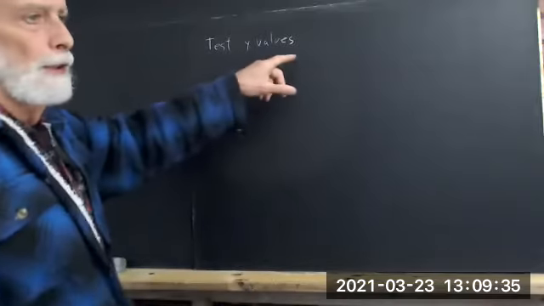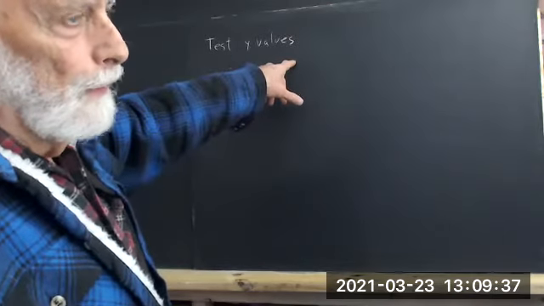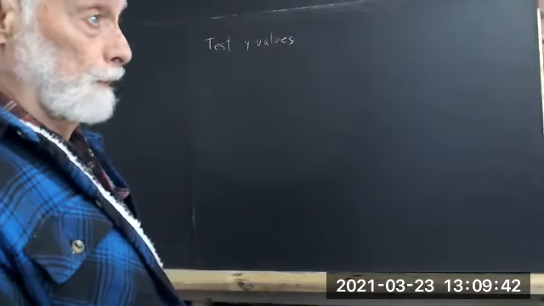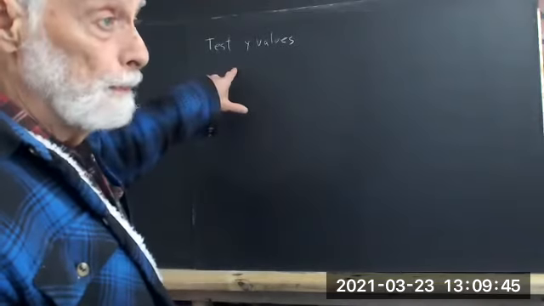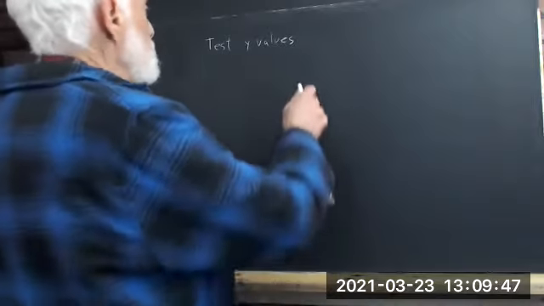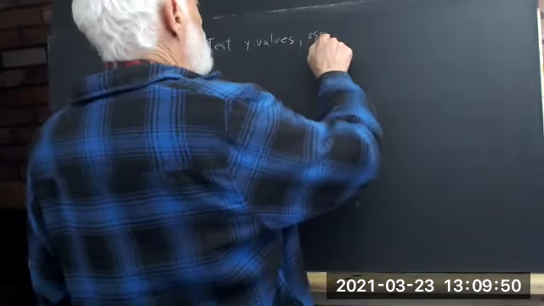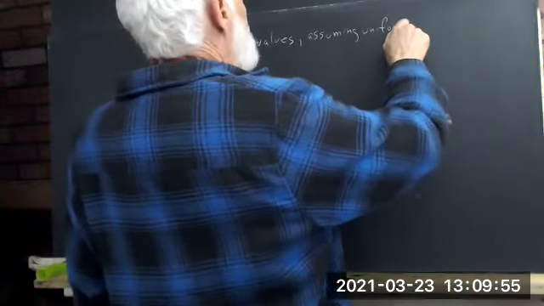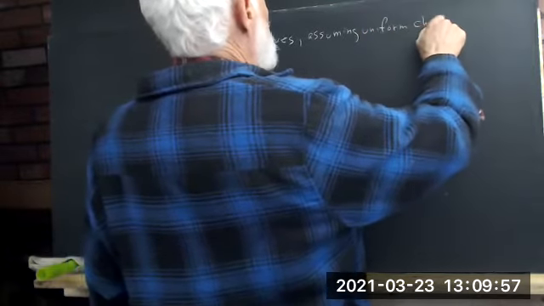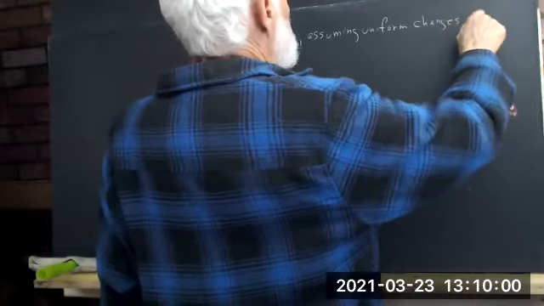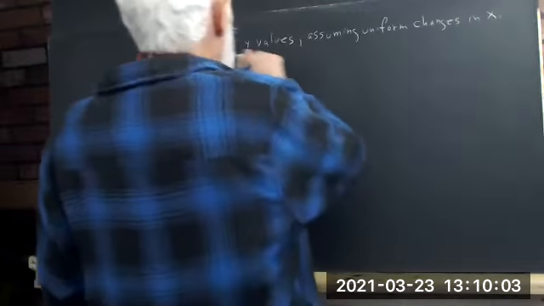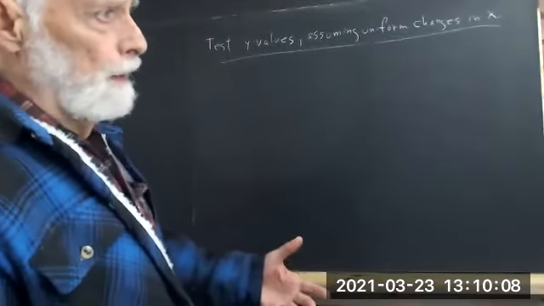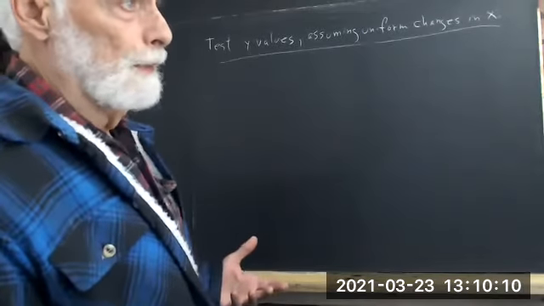Now, I'm just going to test the sequence of y values to see whether we have a linear or an exponential function or neither. Okay. Now we assume uniform changes in x, because if x doesn't change uniformly, you can't really test it.